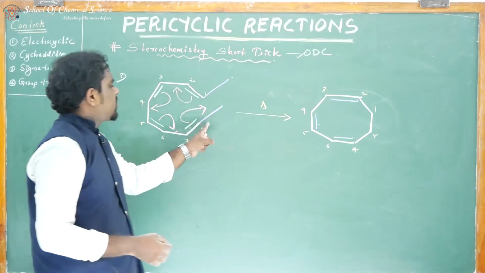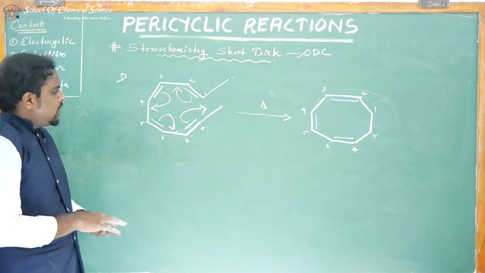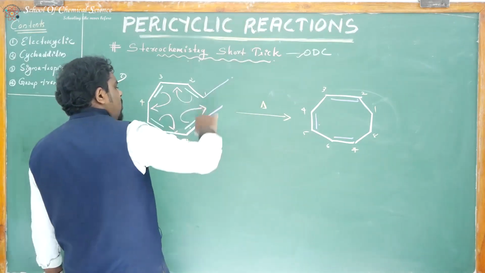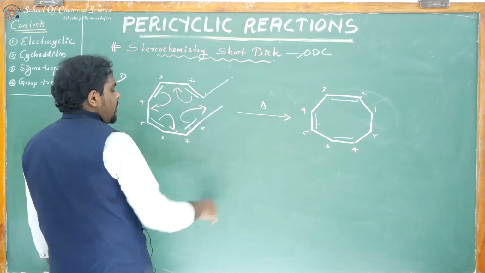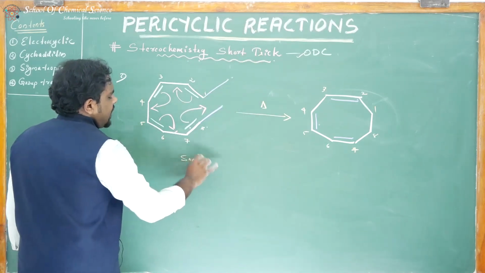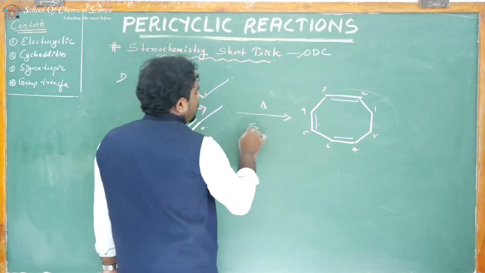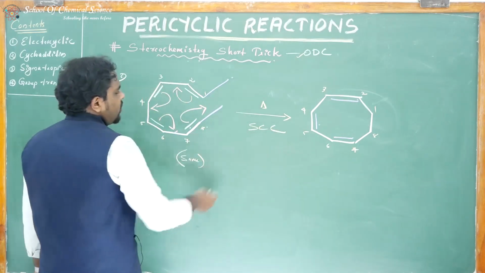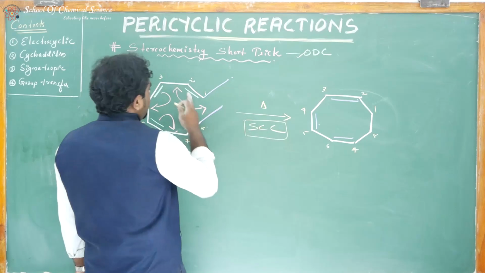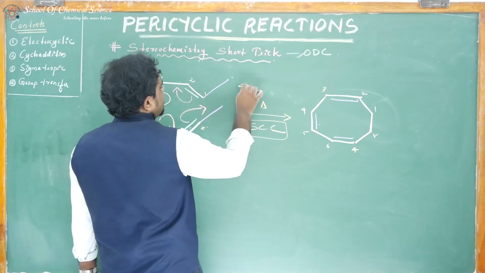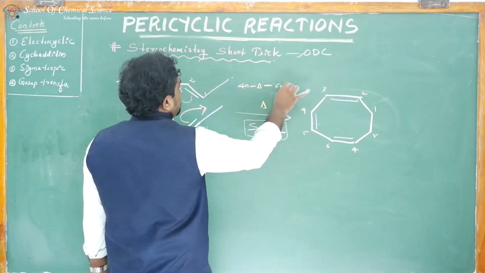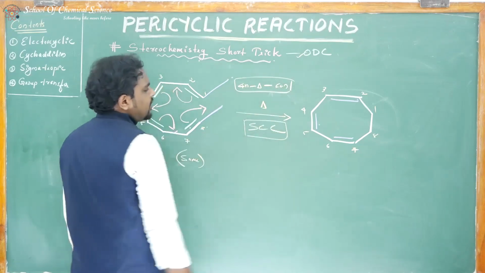You have to predict the stereochemistry of these two methyl groups. So here one methyl group is above, the other is also above. So both are in same direction. When same direction, follow the rule SCC. So 2, 4, 6, 8, 4n system, thermal condition, rotation is con, 4n thermal con.